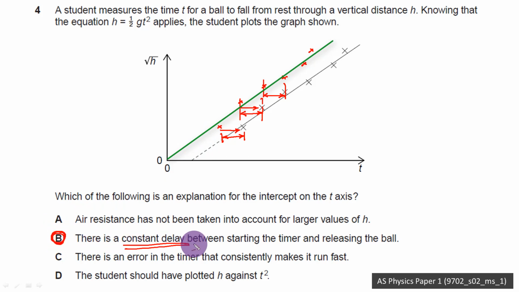There is a constant delay between starting the timer and releasing the ball, and you can see that for each point, there is that delay. Now, the reason why some points are above the line and some points are below shows the randomness of the measurement. That is a random uncertainty, but it has not been mentioned here.